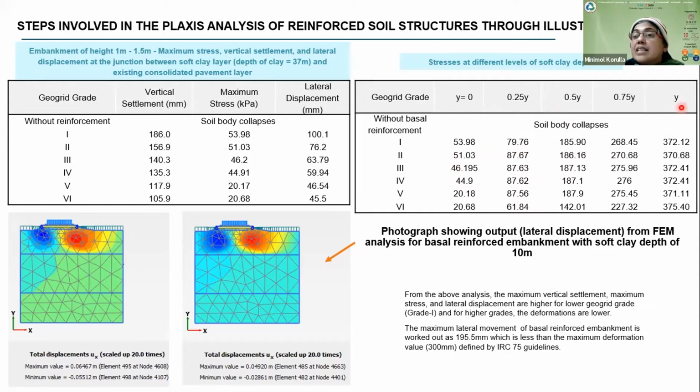We can see that above 0.5 y it is quite high, and the bearing capacity of the soil is almost 60 kilonewton per meter. So definitely this is showing that it requires not only the basal reinforcement, but some deep foundation techniques also have to be adopted.